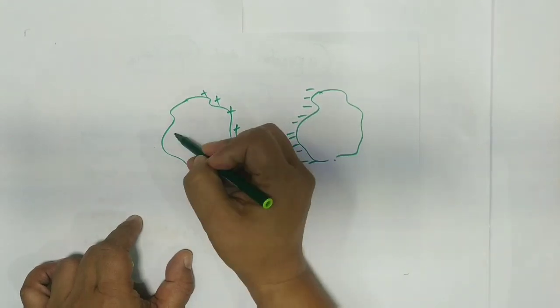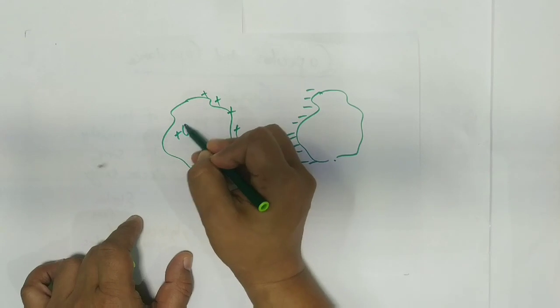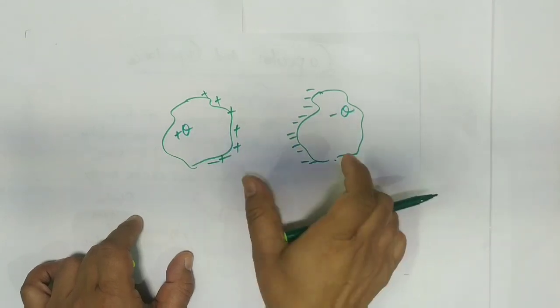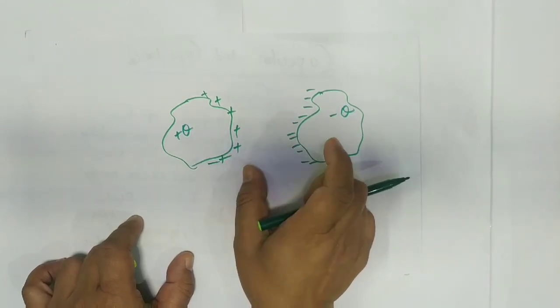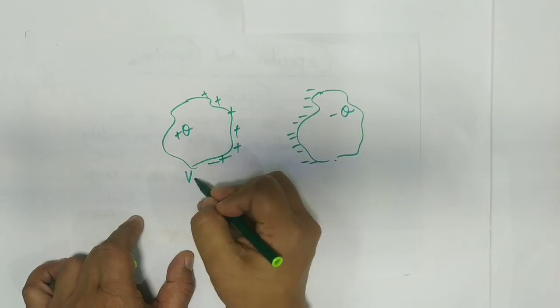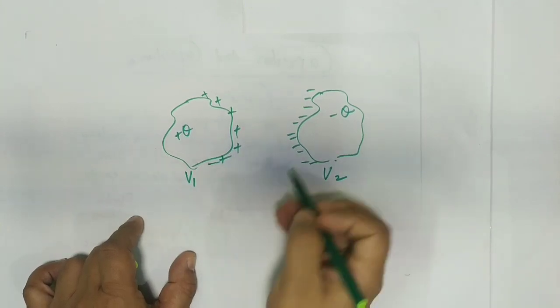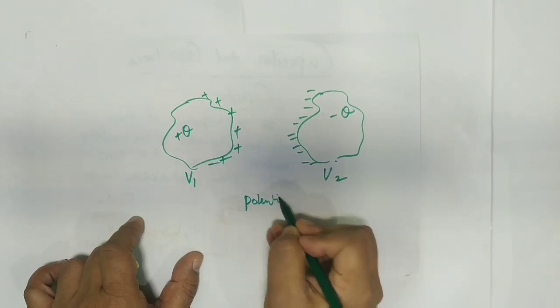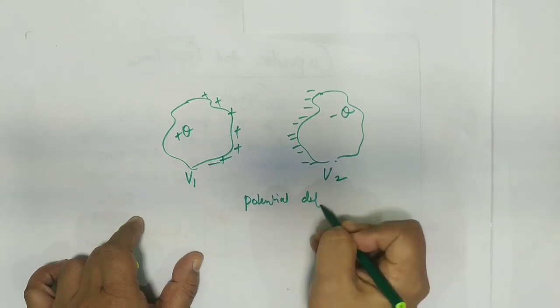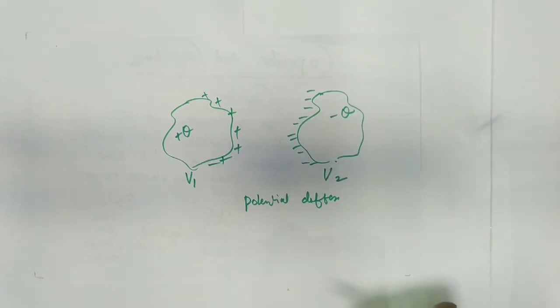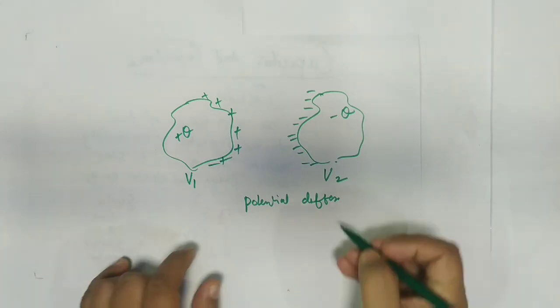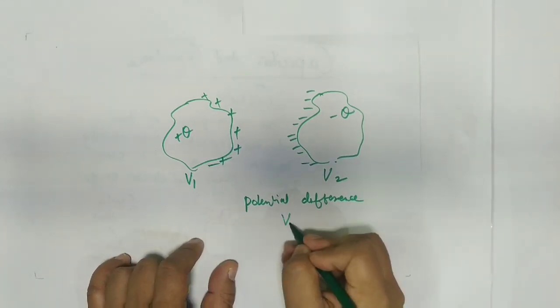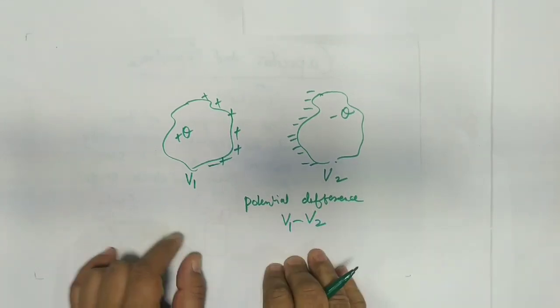This has say plus Q charge and this has minus Q charge. These are the two conductors separated by some medium. They have potentials, say V1 and V2. There is a potential difference between the two conductors, and that is V1 minus V2.